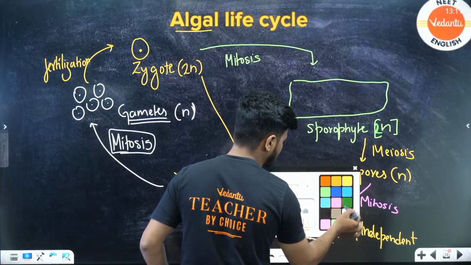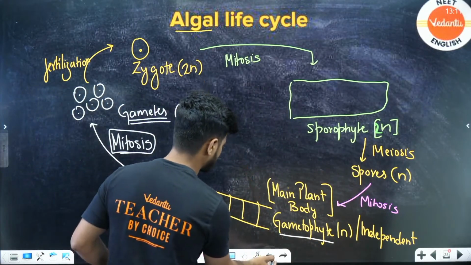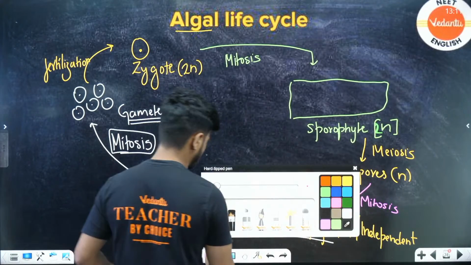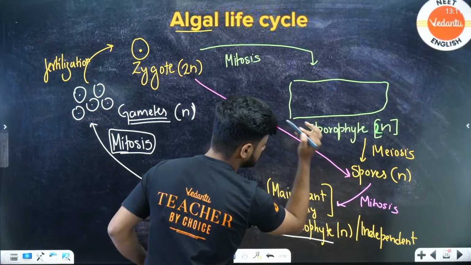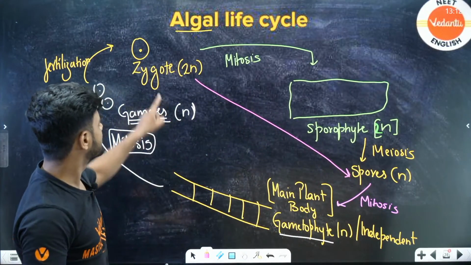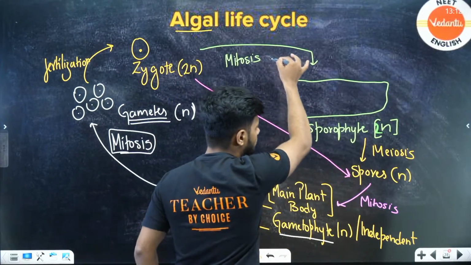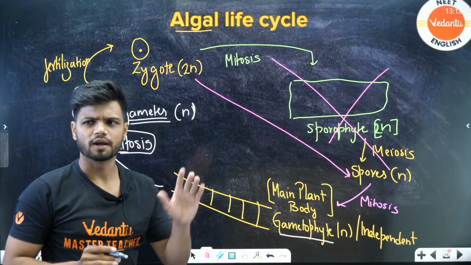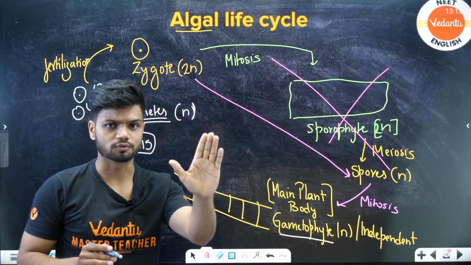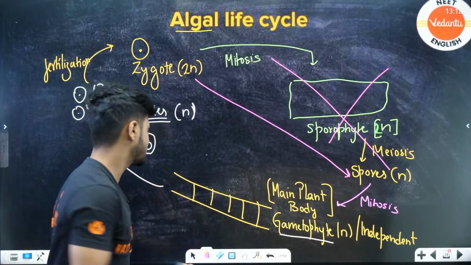In the case of algae, the zygote directly produces spores. This entire sporophyte stage is usually not found. It is very short-lived and is not found at all.